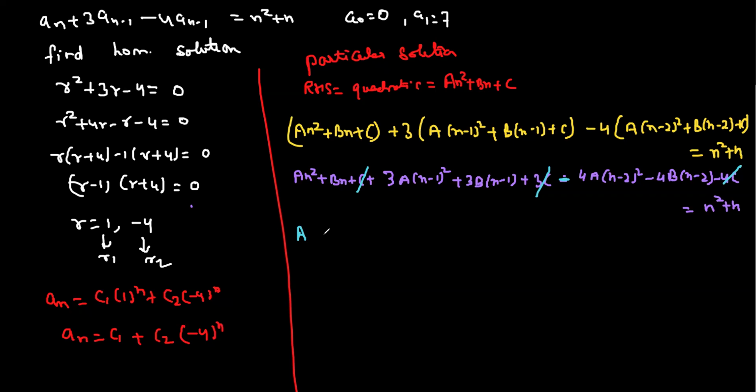Take A common. When you take A common, you will get N square, 3N square, minus 4N minus 1, 2 whole square, right? Take B common. Plus C common.